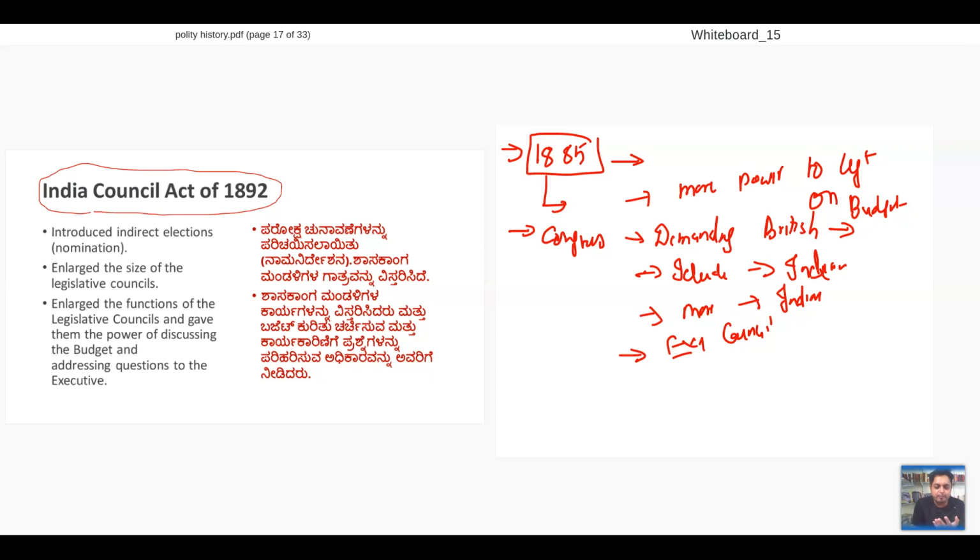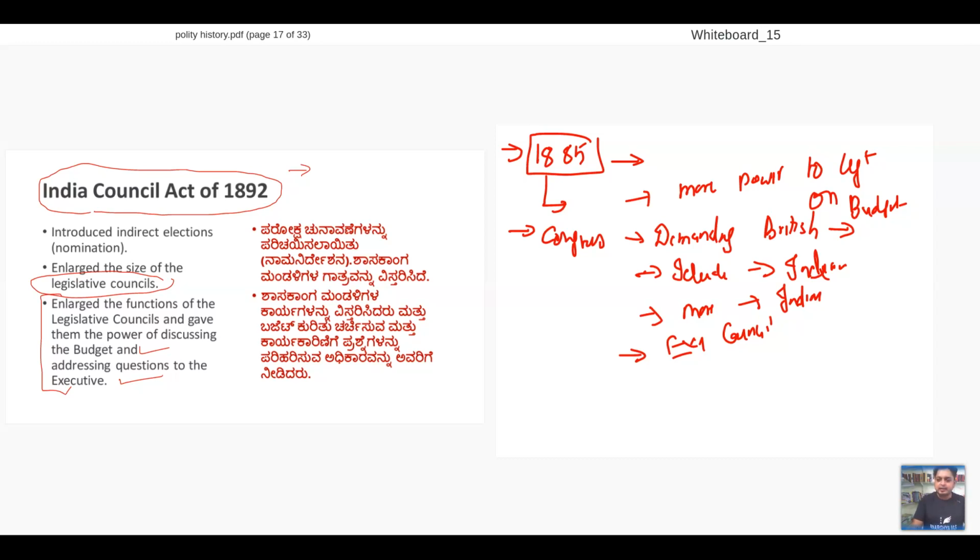So, what could you think will be in Indian Council Act? If you know this background, can we tell what could we think in Indian Council Act? Enlarged size of Legislative Council. So, Legislative Council size will be bigger. Enlarged function of Legislative Council and gave them the power of discussing budget and addressing questions to executives. Wonderful concept this is. Hold on to me. I'll ask you, how many of you have finished polity reading one time?